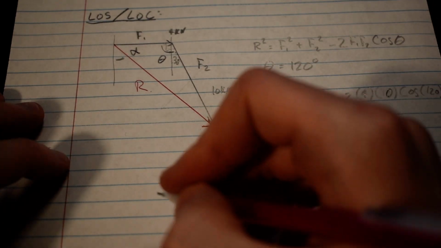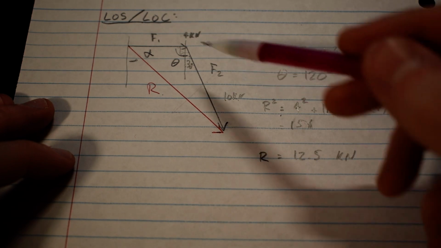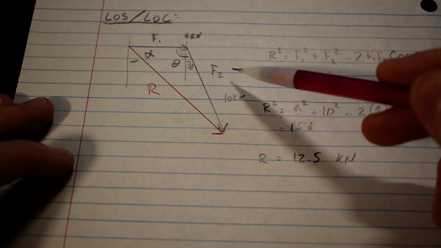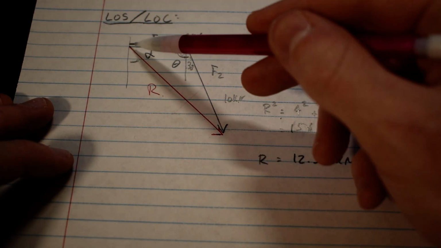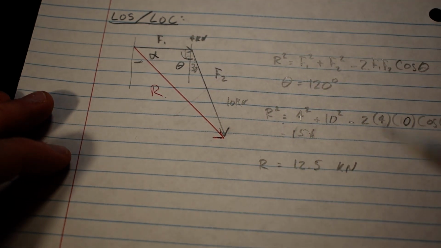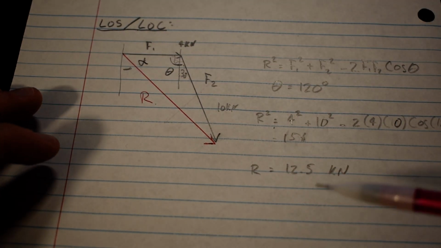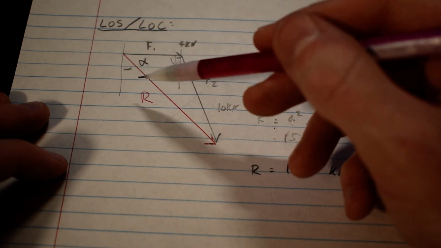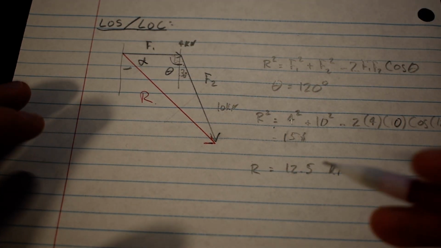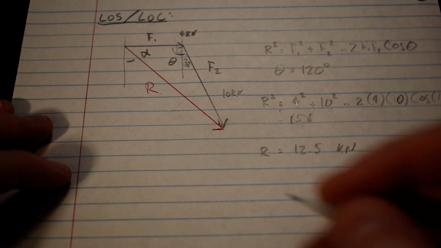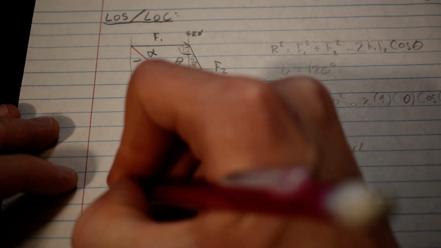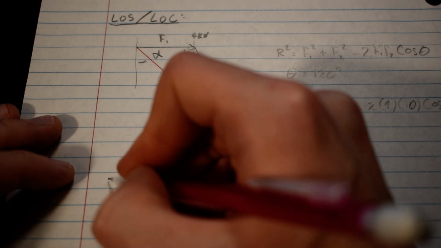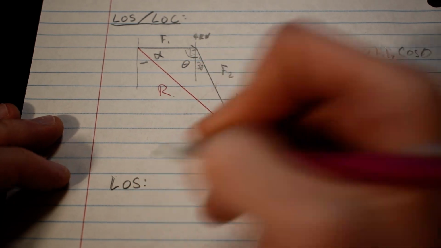So the law of sines says that a side of a triangle divided by the sine of the angle that's opposing that side is equal to another side divided by the sine of the angle opposing that side. It makes more sense if we write it out. I'll write LOS here.